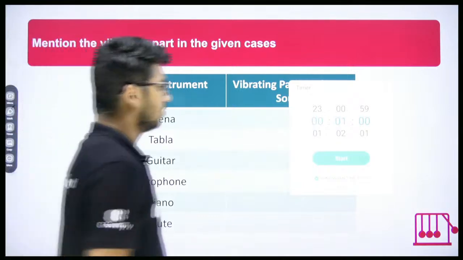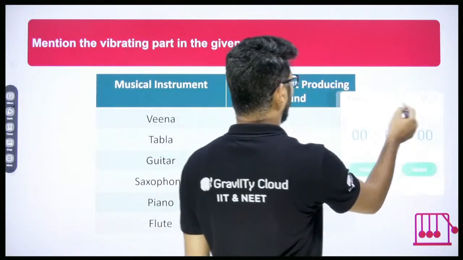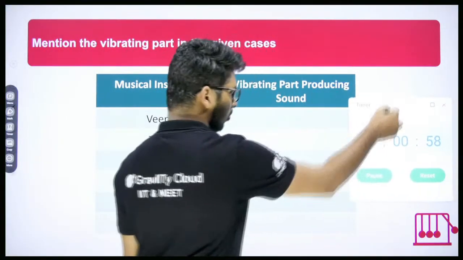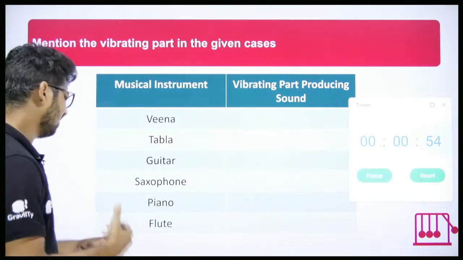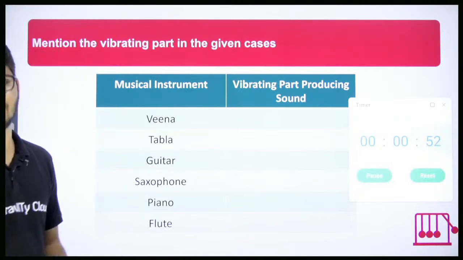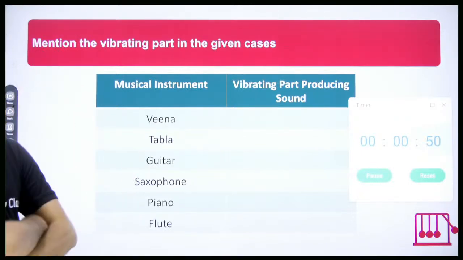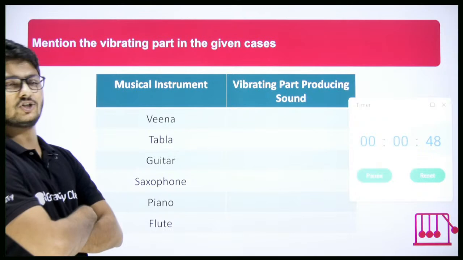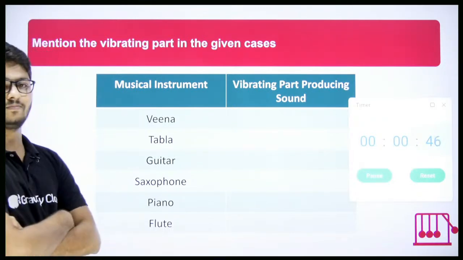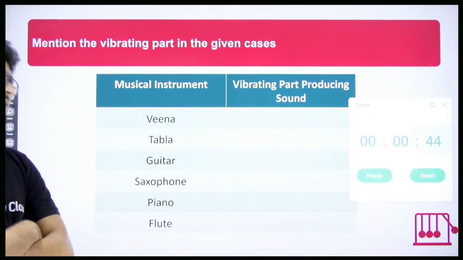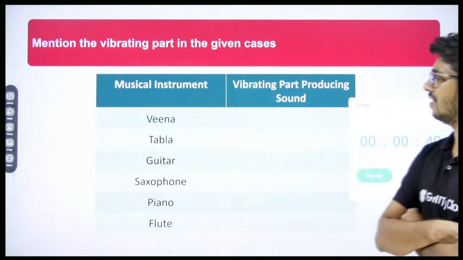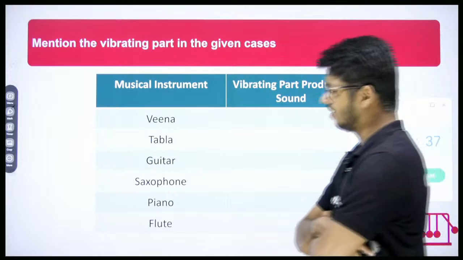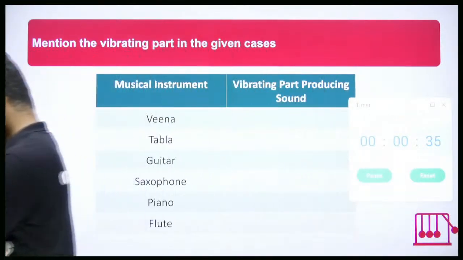If you know these instruments, just imagine and write it down. You can compare your answer with mine, don't worry. Just draw a rough table and write it down. What is the vibrating part? For example, for a guitar, it is string. That way, what is the vibrating part for all these given cases?